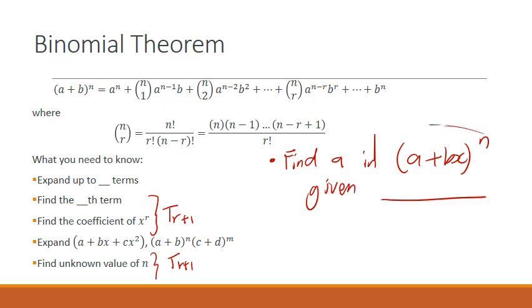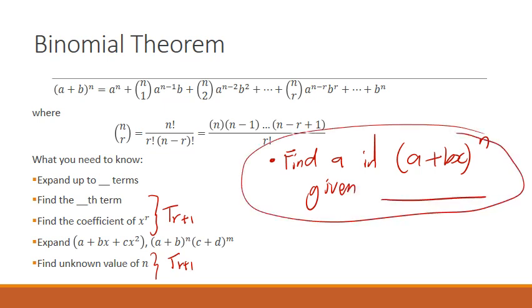This kind of question is not to be confused with finding the unknown value of n, because n is the power, while here a is inside this. So this will always go back to something like this. It's just an extension of finding the coefficient of x to the power of r. Other than that, that's all for the binomial theorem.